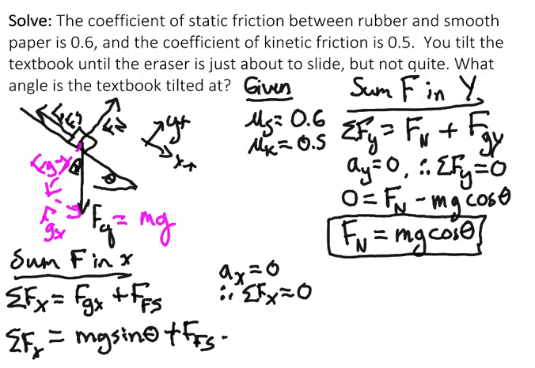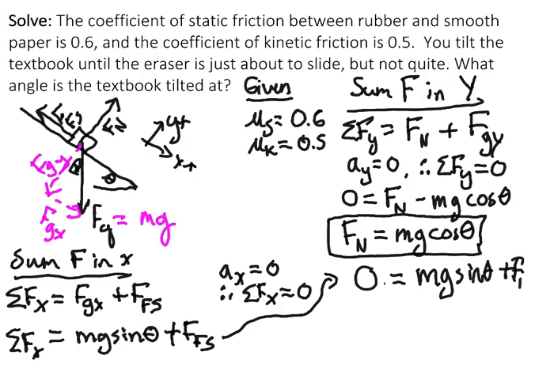So that means I can take this equation here and do something like this. I can say the net force in x is, oh, sorry, actually I can just toss this in as a 0 right away. Net force in x is 0, and that equals mg sine theta plus my static friction force. That gives me a nice equation for the static friction force.